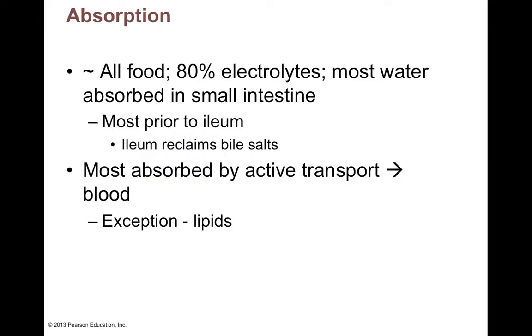Okay. So where does most absorption occur, you guys? We talked about this. Small intestine, nice. Most absorption occurs in the small intestine. And what was it about the small intestine that made it so absorptive? Why is it so special? You guys remember?